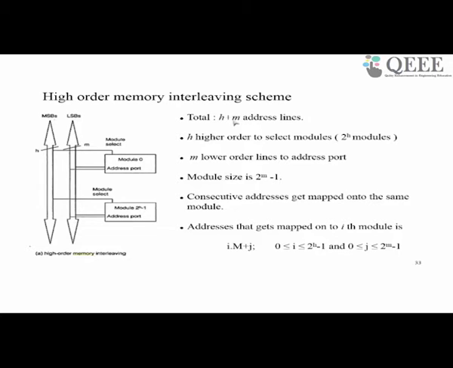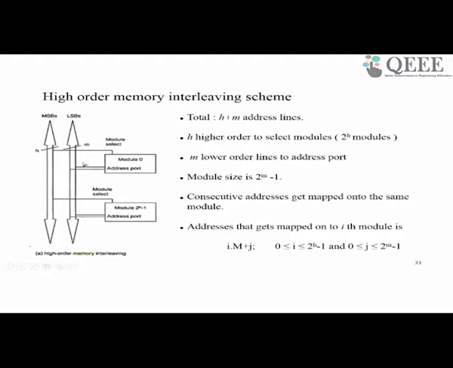If it is a 20-bit processor, with 20 address lines, we can select 4 high order lines and treat them as the lines H, and the lower order 16 lines can be treated as these M lines. The H higher order lines are used for selecting the modules, while the lower order lines are used to select a location within the module.